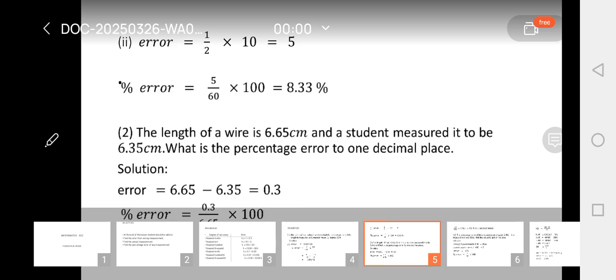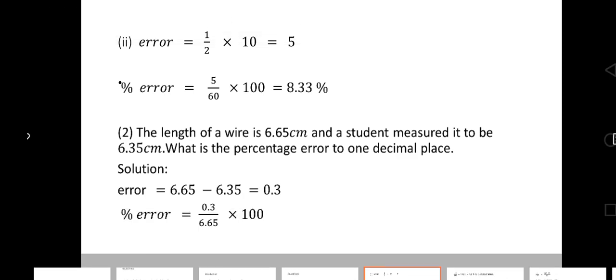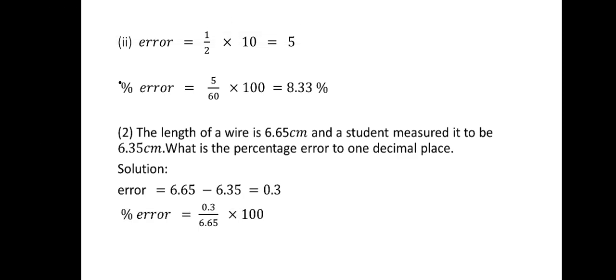Now the second example here, he said the length of a wire is 6.65 cm and a student measured it to be 6.35 cm. What is the percentage error to 1 decimal place?